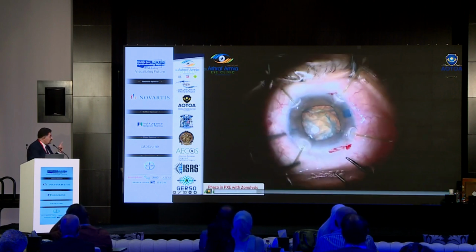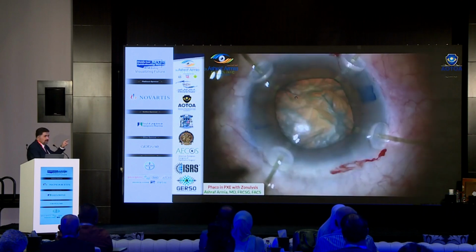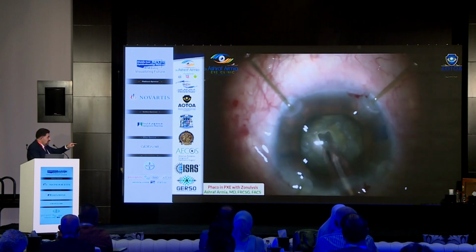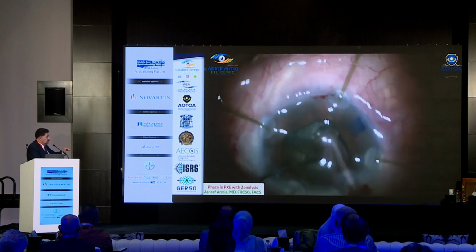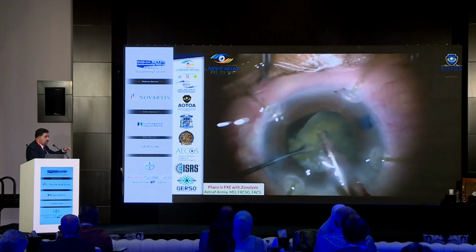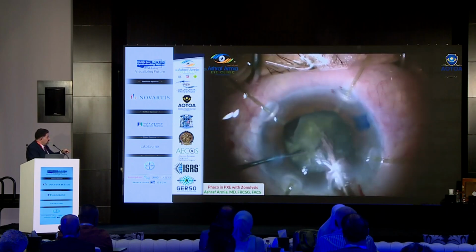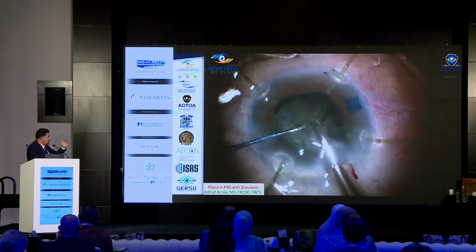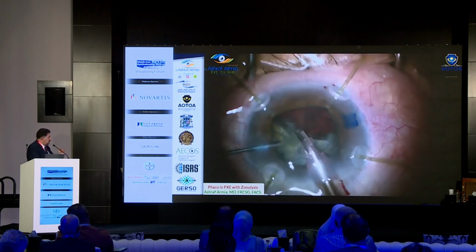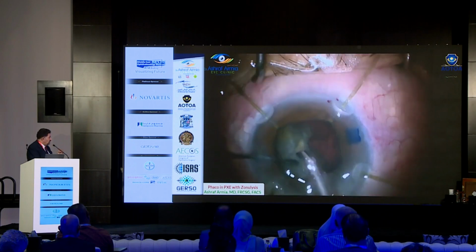You are going to see how the surgery, this is a very hard cataract, is going to be okay. I do divide and conquer also. Then I do chopping, 2, 3, 4 pieces. But in these cases, you should every time put a lot of OVD to protect your endothelium.